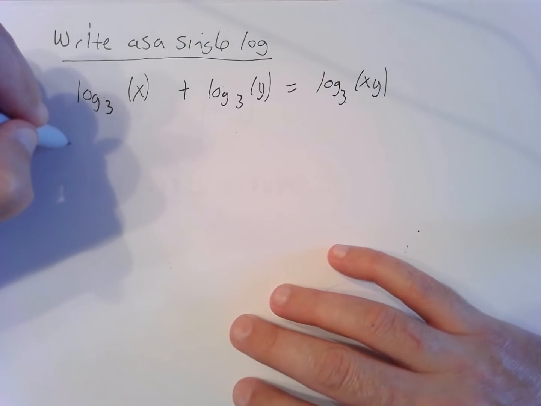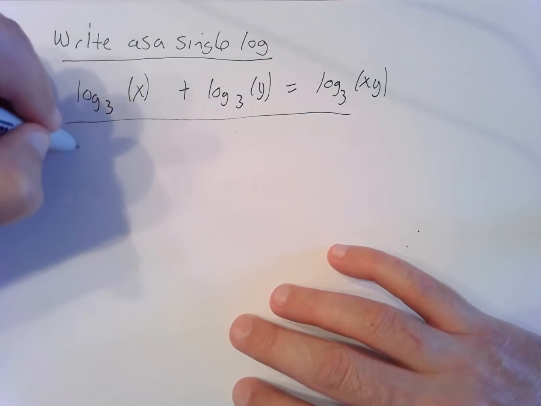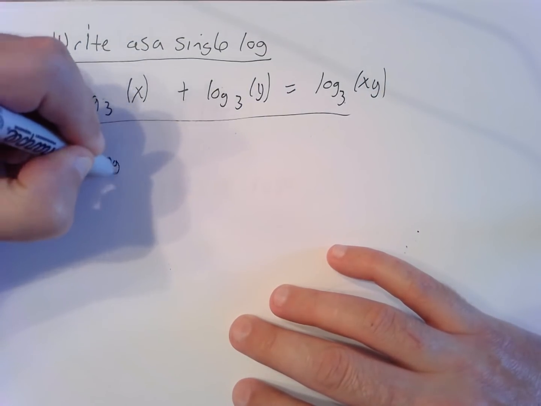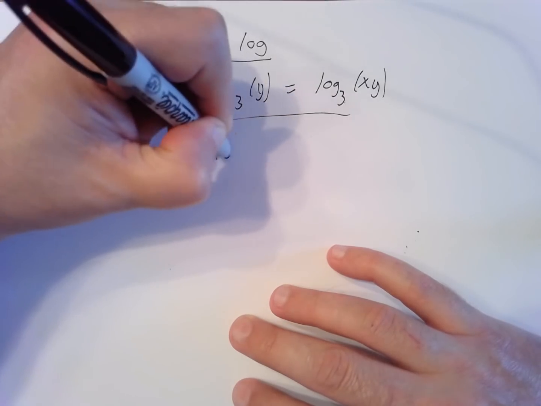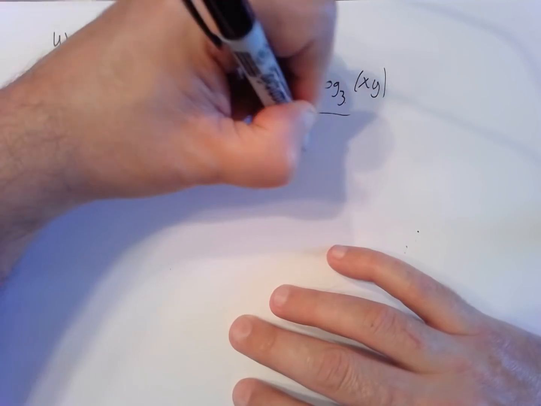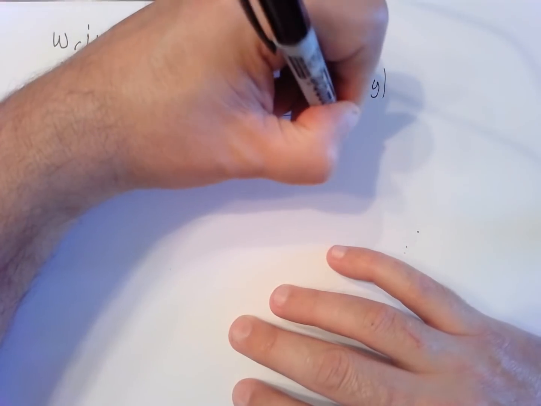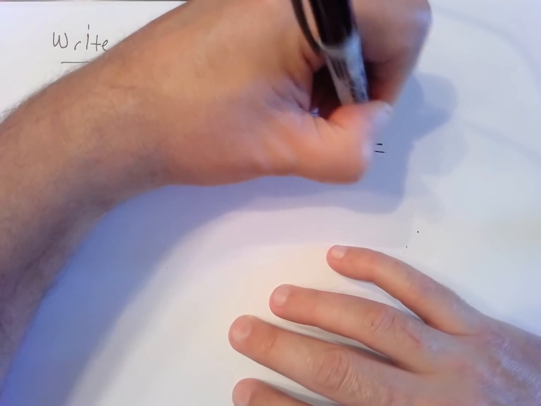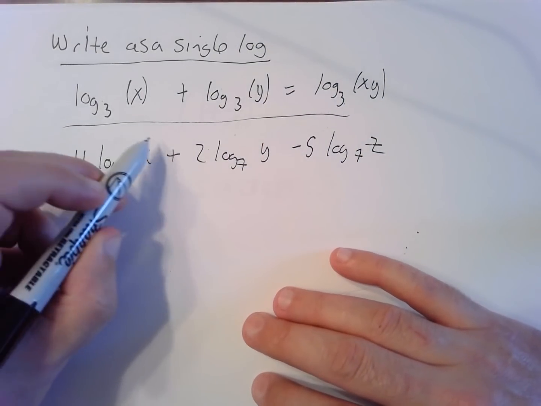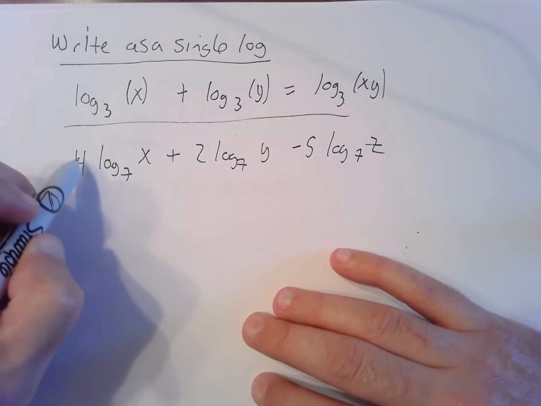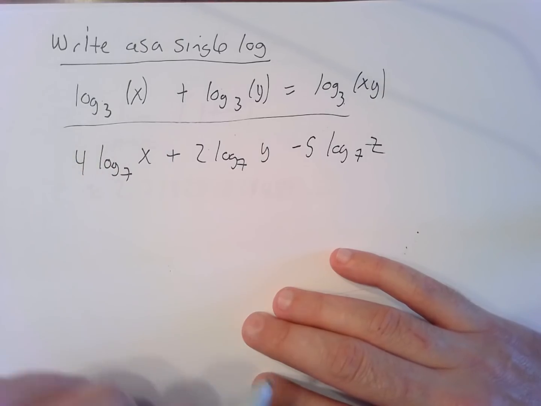All right, what if I had 4 log base 7 of x plus 2 log base 7 of y minus 5 log base 7 of z? Okay, well, we know we could bring this 4 in. Anything multiplied outside becomes an exponent inside.